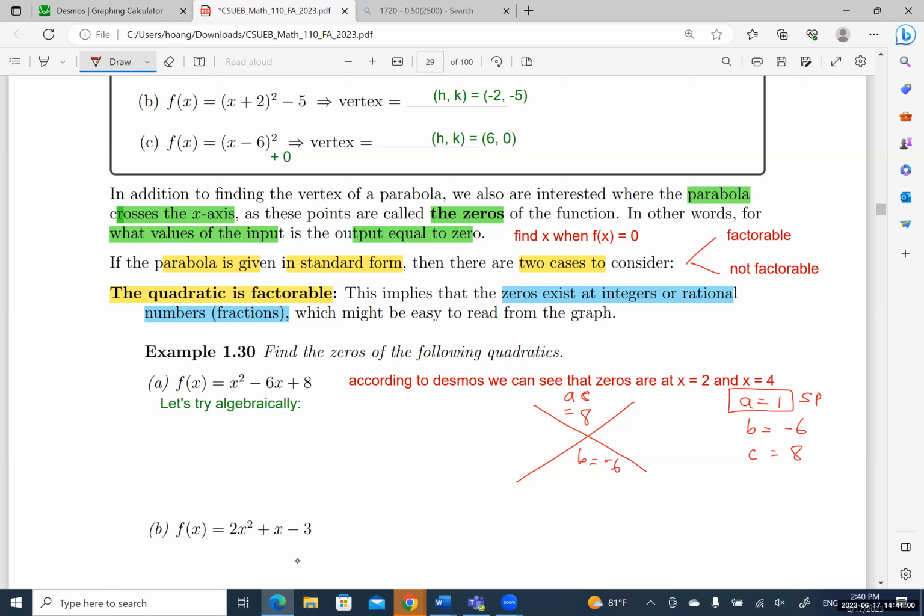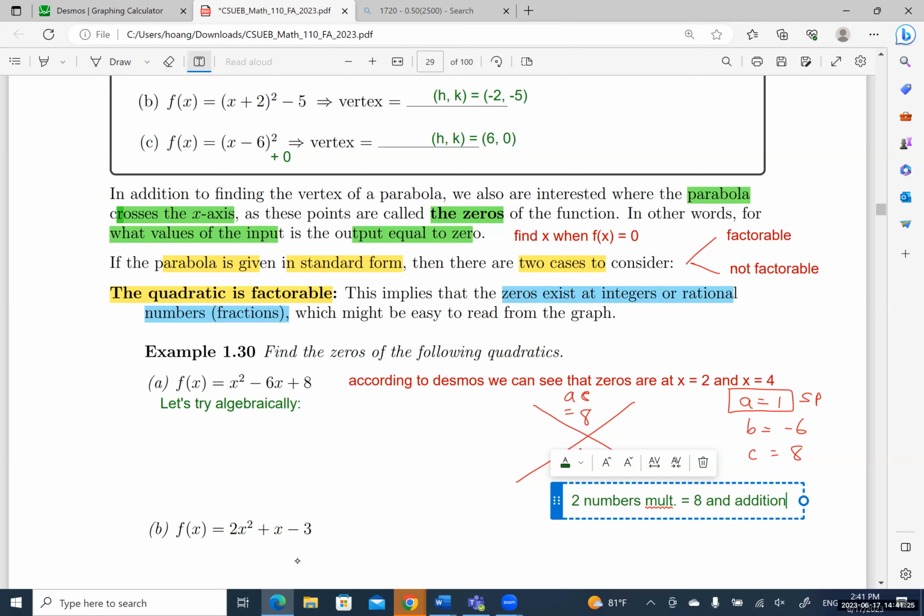You need to find two numbers that multiply equal to 8 and addition is -6. Okay, so let me type it down. Two numbers multiply equal to 8 and addition is -6.